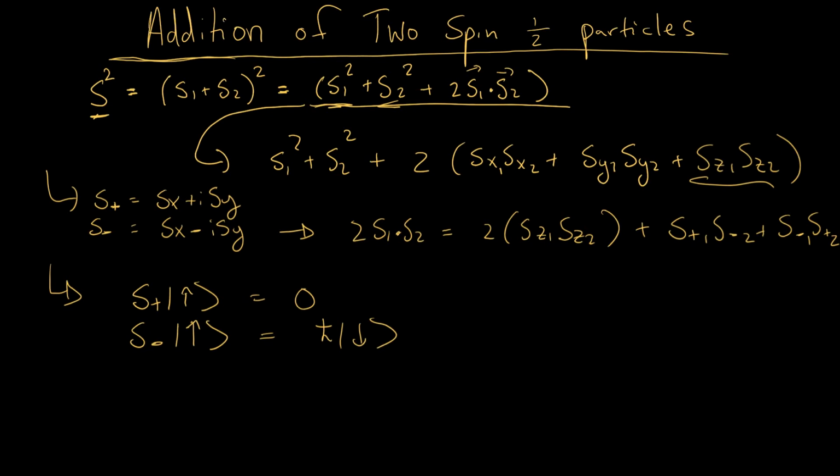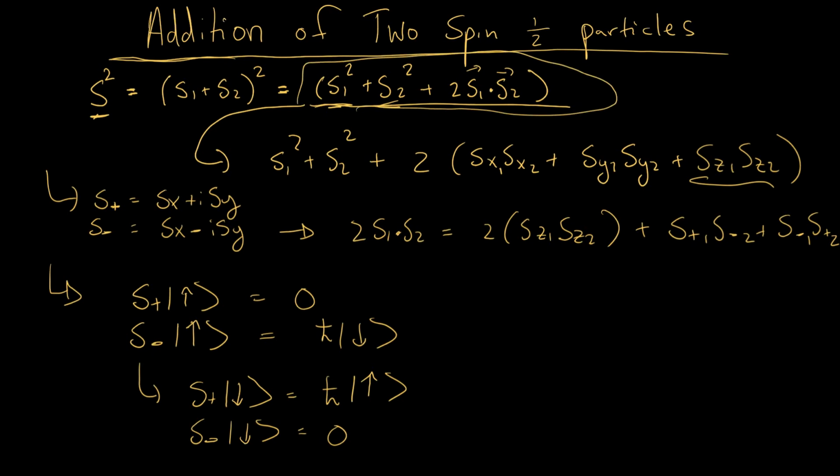And then similarly, if you've got a down state and you apply the raising operator to it, it will be h bar times the spin up state. And if you apply the lowering operator to a down state, it's already down, so it will nullify the state and you have 0 again. We're going to use this property when we write out the matrix for this combined state of spin.